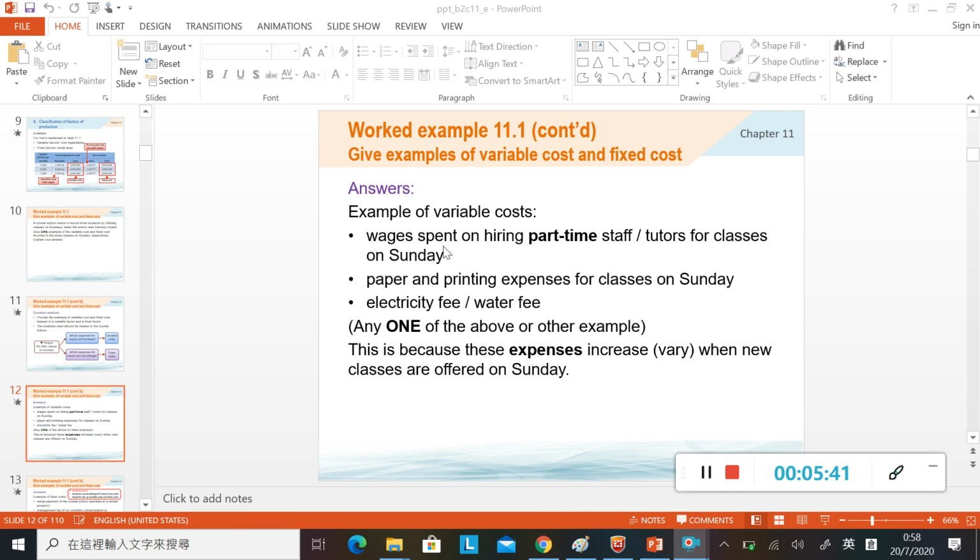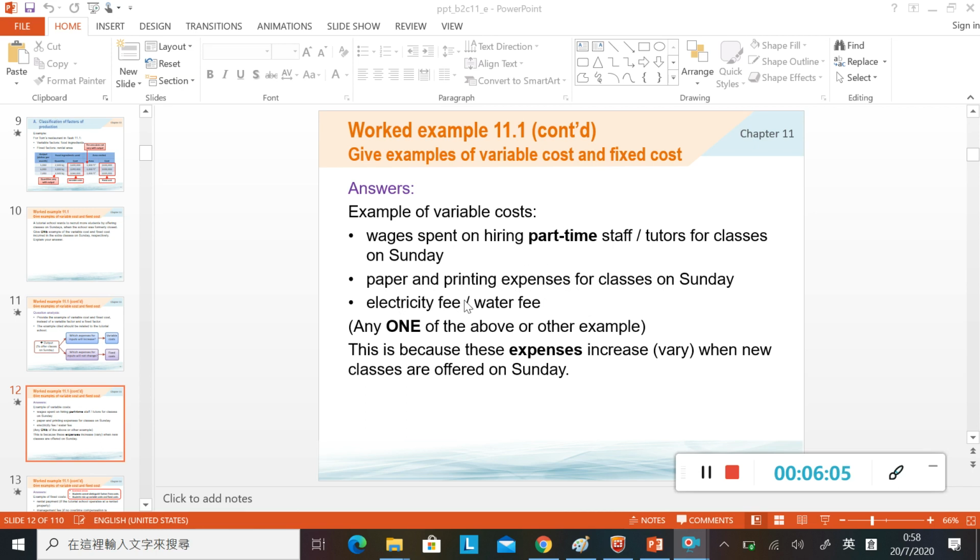咁當你要開多啲班，你就要請多啲人，咁你就使多咗錢。所以呢啲 part-time staff 嘅 wages 就會係個 variable cost 啦。又或者呢啲 paper and printing expenses，okay? Because if you have classes on Sunday, then you have to print more exercise or notes to the students. So the paper and the printing expenses will increase with the output.